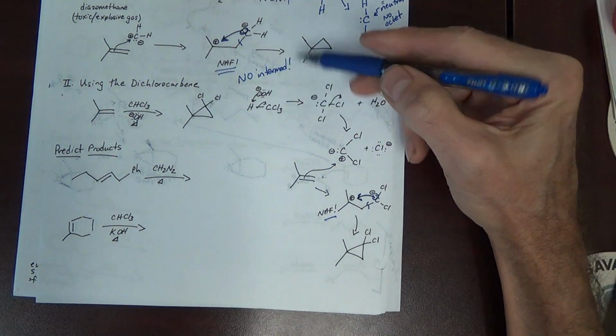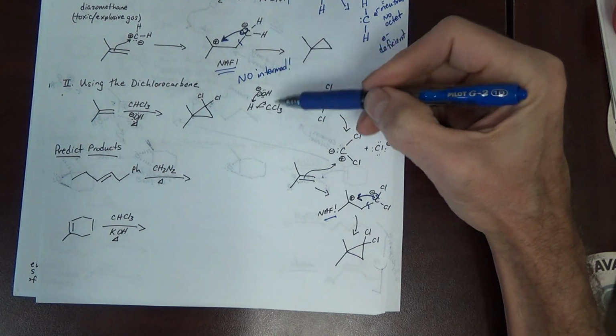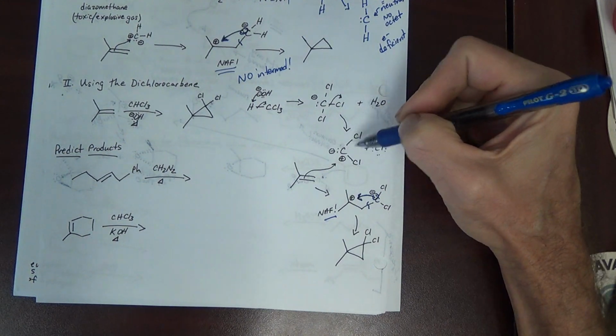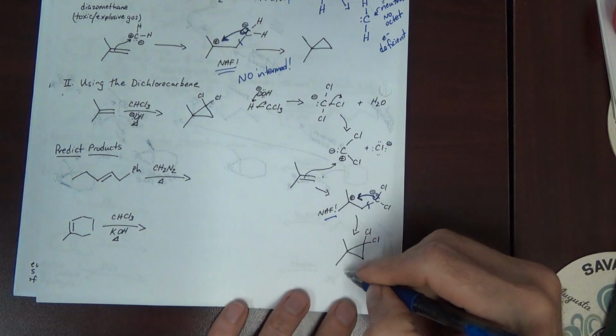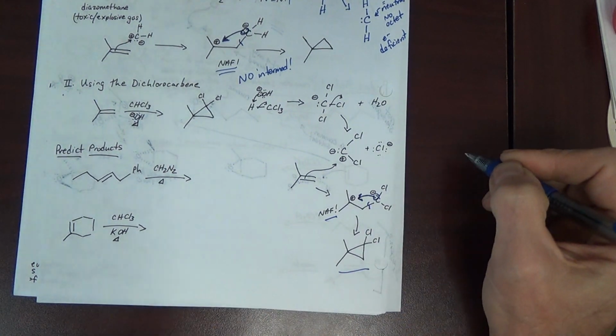So this is just sort of, to me, always been a fascinating reaction. We can get fairly simple reactants here to generate this reactive intermediate, and the alkene reacts with it to give a gem dichlorocyclopropane.